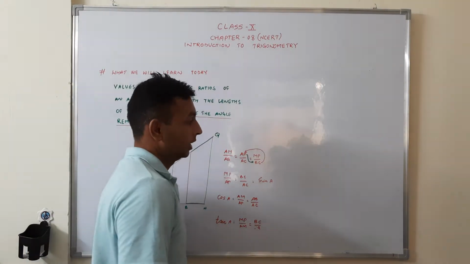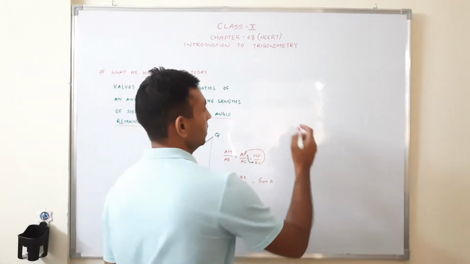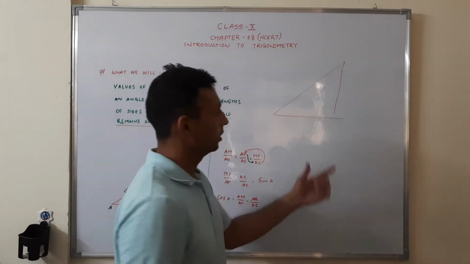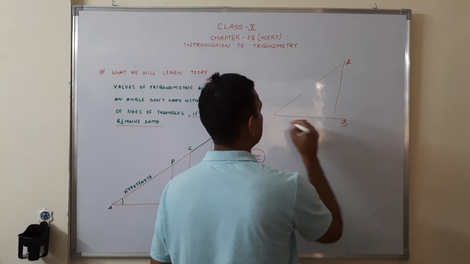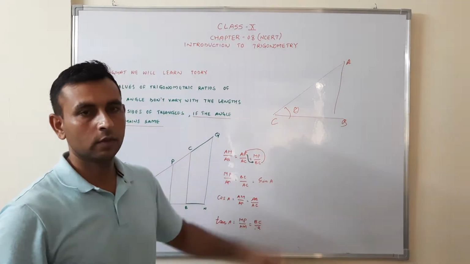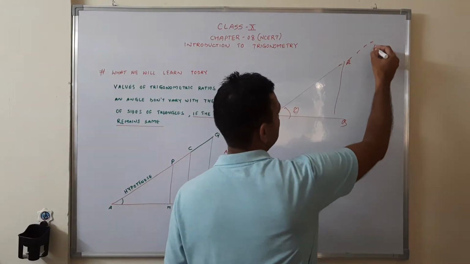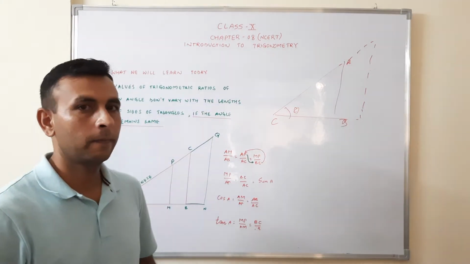Now, going a little further into this topic, some students have got a doubt. I had written this type of triangle A, B and C, and for angle C, I am calculating theta. One student says, I want to increase the length of this triangle. What will be my ratio?